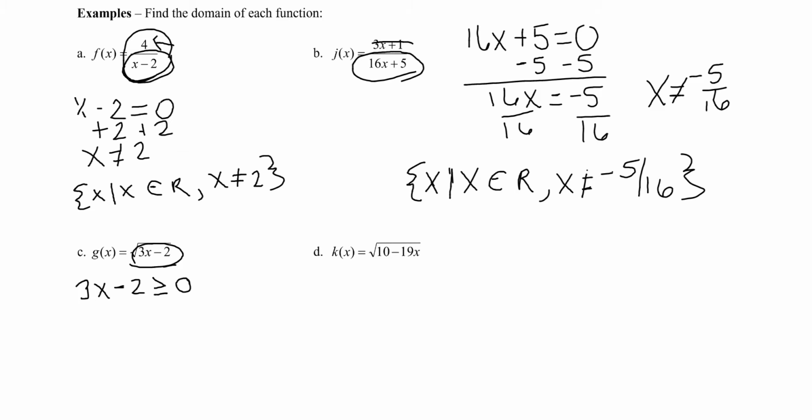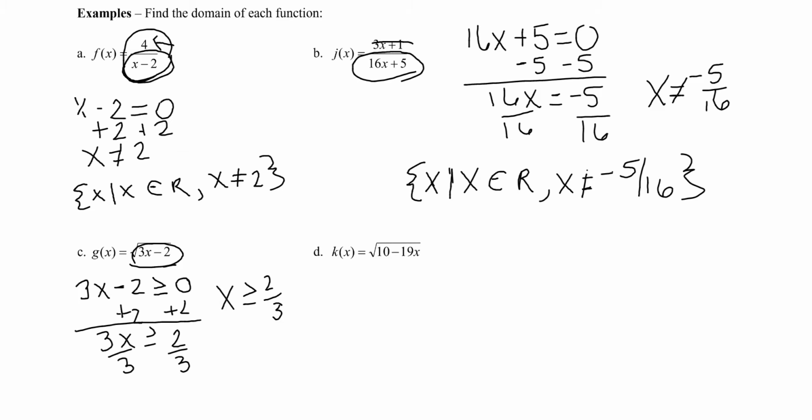And then we solve it like we would a regular equation. We add 2 to both sides. So we get 3x is greater than or equal to 2. Divide by 3. So here, our domain is x must be greater than or equal to 2/3. So our domain is any real numbers where x is greater than or equal to 2/3.